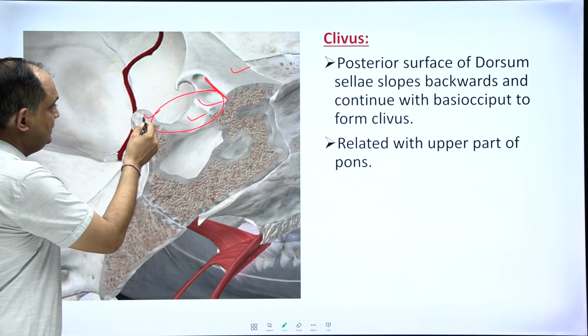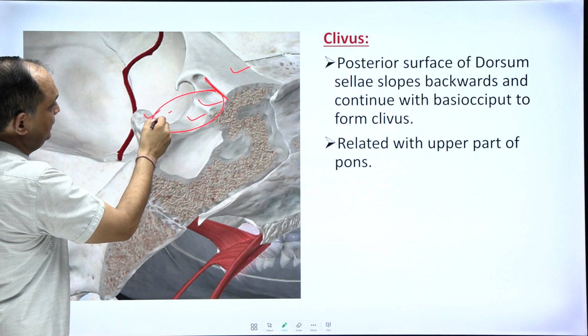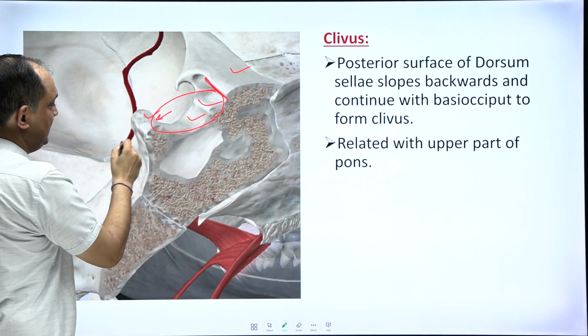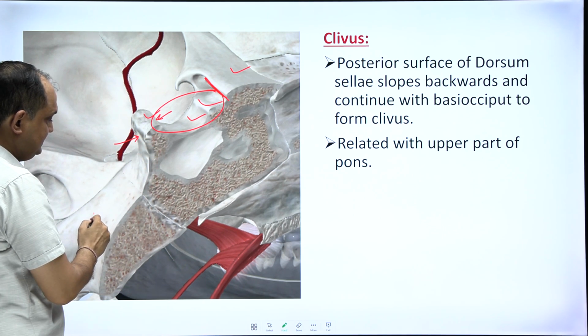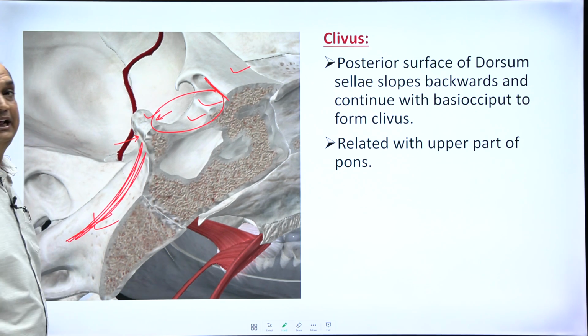Now this dorsum sellae is a bony plate. This plate anteriorly contributes to the posterior wall of the hypophyseal fossa, and the posterior part of this bony plate is continuous with the basi-occiput. So this slope which is visible here is known as the clivus.